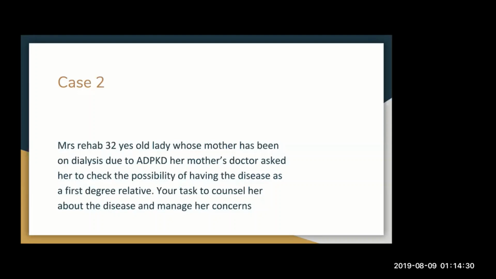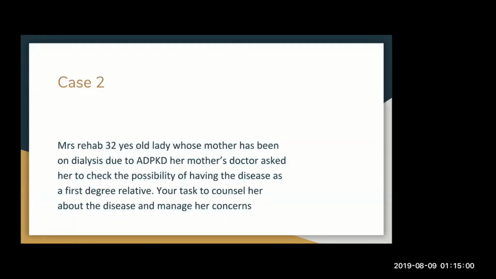This disease affects, or there is a chance of having this disease, 1 in 2 for each one of the sons or daughters. 1 in 2 chance. We don't need to do genetic test because this disease, when it is present, expresses itself by showing these cysts by the age of 18.